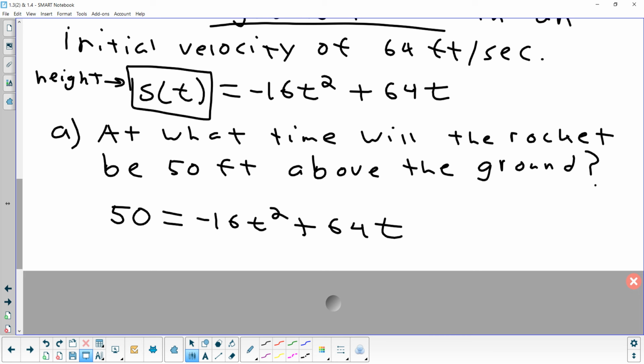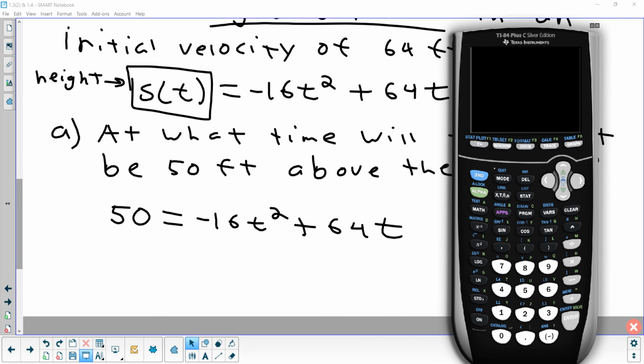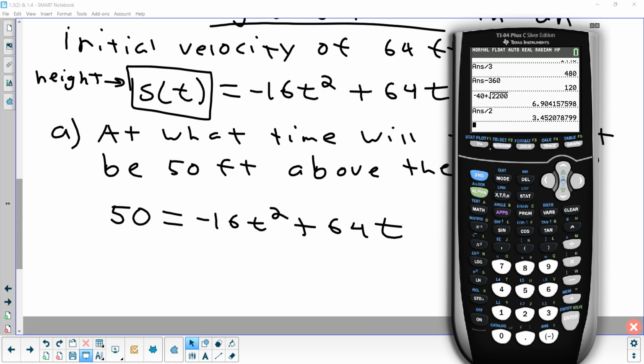Now, you could solve this problem exactly the way we did the area of the sidewalk. You could divide everything by 2, just to make the numbers smaller first, and then plug a, b, and c into the quadratic formula after you get it equal to 0. But let's try this a little different. So let's go to the calculator. Let's press y equals.